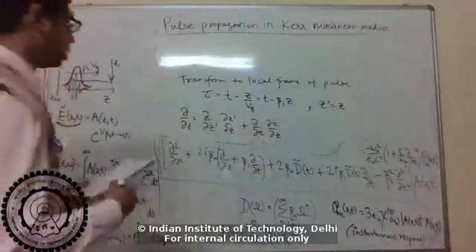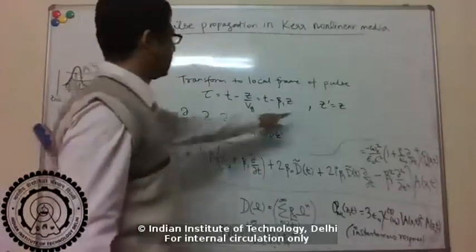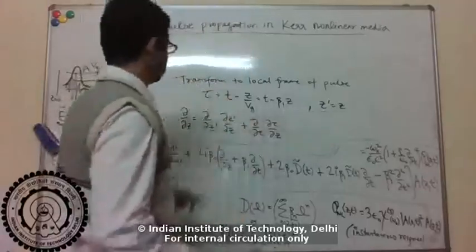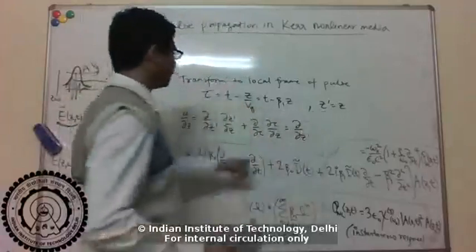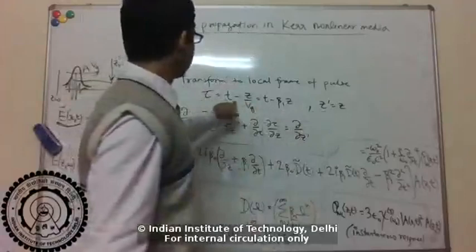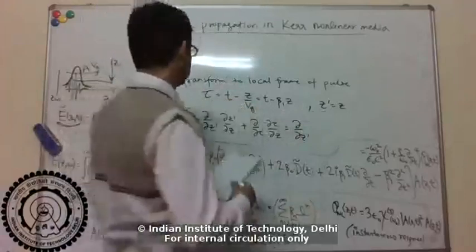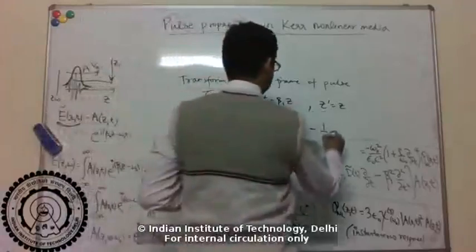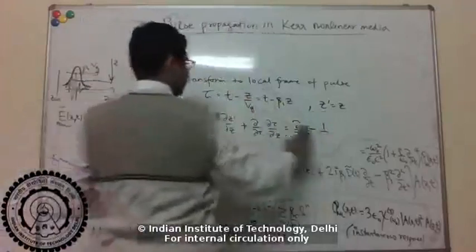Okay? And now del z prime by del z, this is just 1. So this is just the del by del z prime term. Then the second term, del tau by del z, is minus 1 over Vg, or minus beta 1.